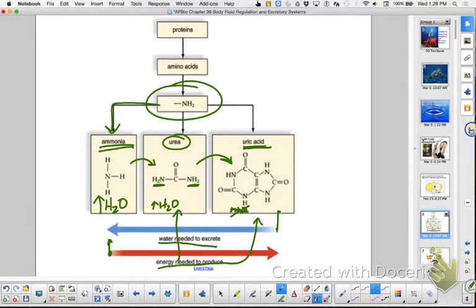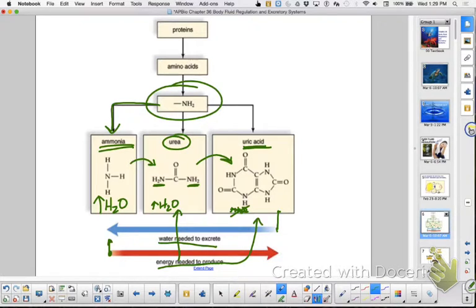Now if you're something like a bird developing within a shell and you have to stay there your entire development, then if you were generating ammonia, there wouldn't be room for your body to develop and all the water you would need to handle that ammonia. If you're in that shell and making uric acid as your nitrogenous waste, then you can store that as a solid, as a precipitate.